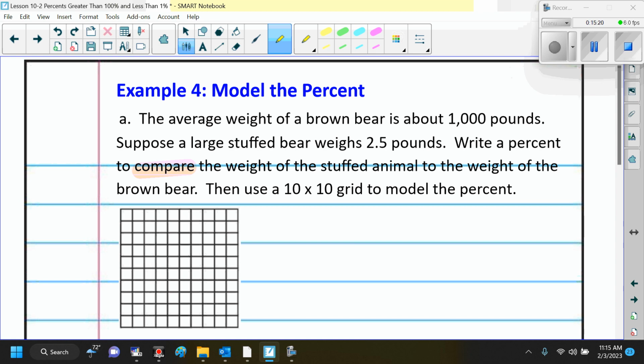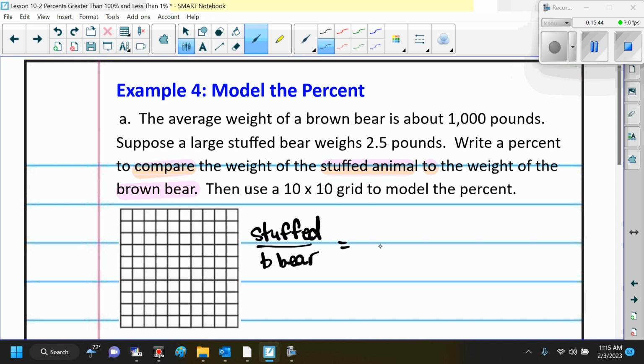The weight of the stuffed animal to the weight of the brown bear. Is everybody clear? So we're going to write stuffed to the bear.